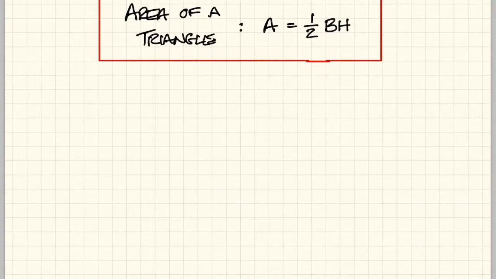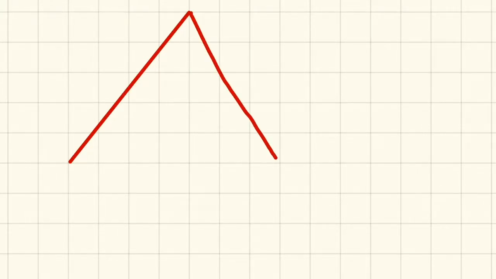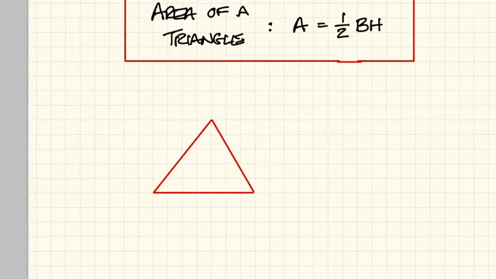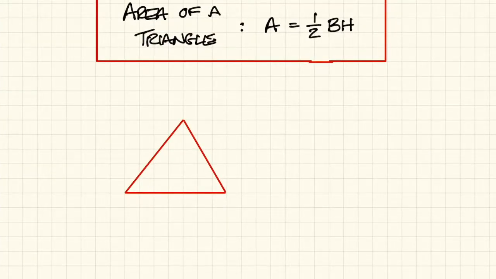Let's take a look at another triangle. Now, what if it looked like this? I'll zoom in. What if my triangle goes here, to here, and here? All right, now here's my triangle.